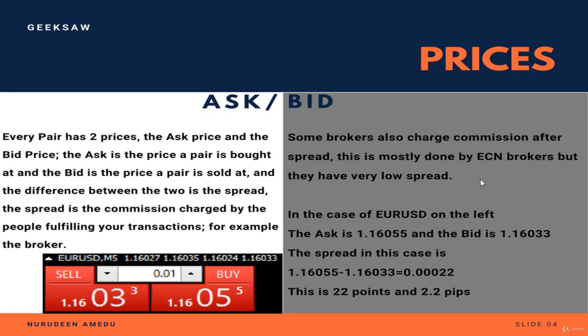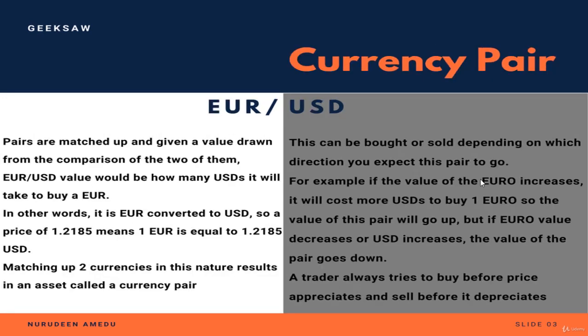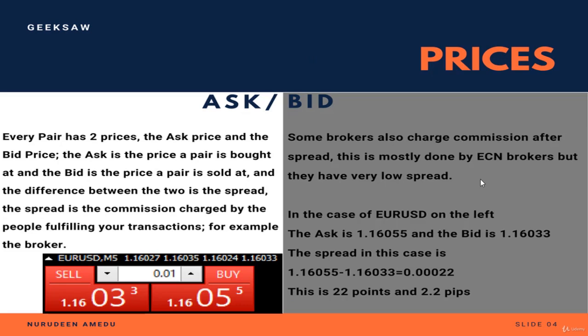Now, one thing I made a mistake with for the euro USD: if you believe the USD is going up, you have to sell the currency pair. Selling means you believe the market is going down, so you can profit from the market going down by selling the pair.